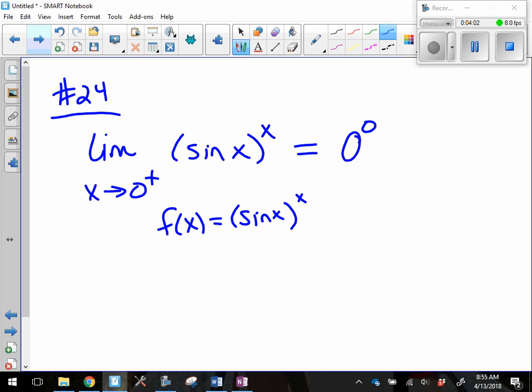Yeah, we're going to take the natural log. So that instead of taking the limit of f of x, we're going to take the limit of the natural log of f of x. And then when I'm all done, I'm going to take e to whatever my limit is. Okay, and that's the really important part that you have to remember.